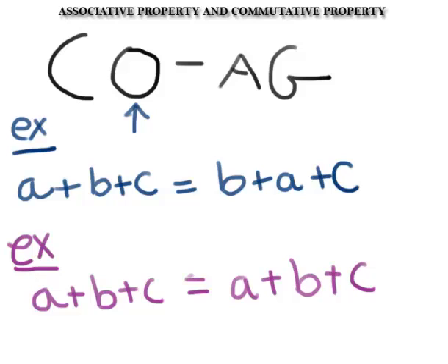So on the left hand side I'll group the B plus C, and on the right hand side I'll group the A plus B. And again, if you were to plug in numbers for the left hand side, and same thing for the right hand side, you're going to get the same answer regardless of how you group the letters.